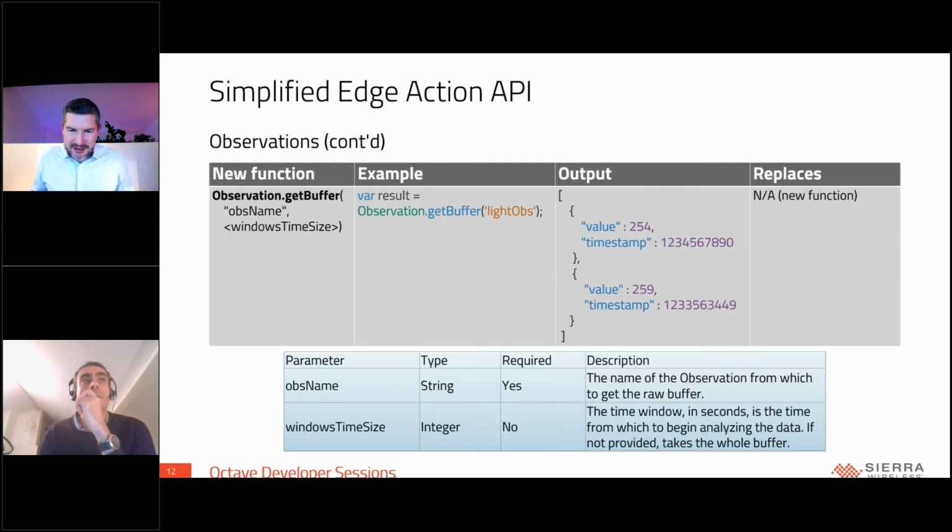We can talk about it on the forum. It's a good question for the forum. For now, observations are just read only. We can't flush an observation. But it's a good point.